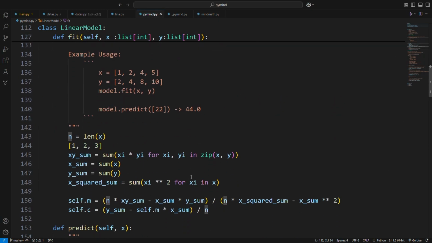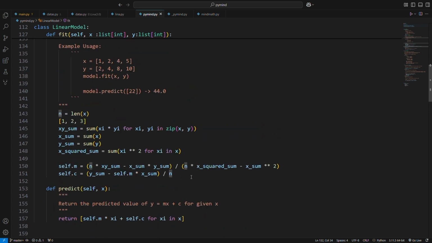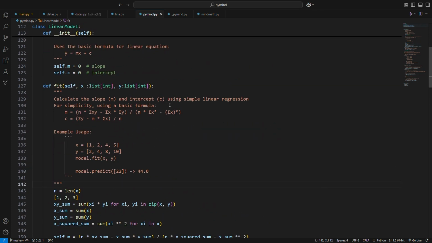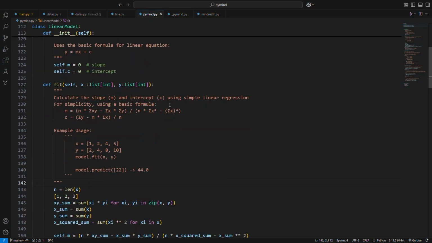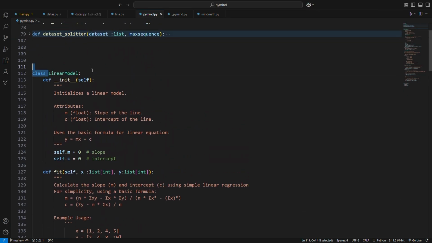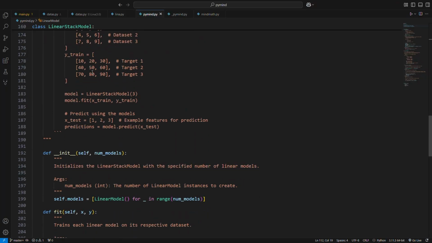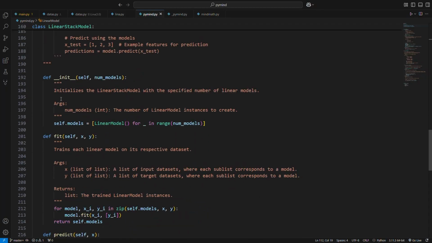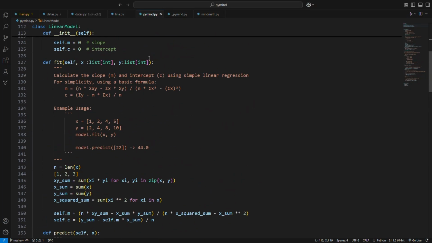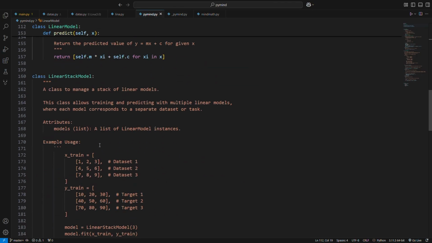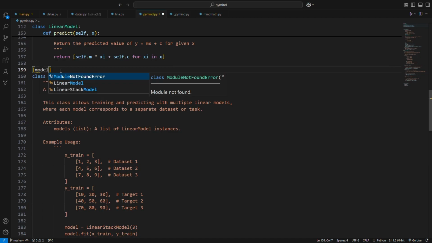But this model was made by me, kind of. It's easy to make. The linear stack model stacks all of these single linear models together, like model 1, model 2, and so on.